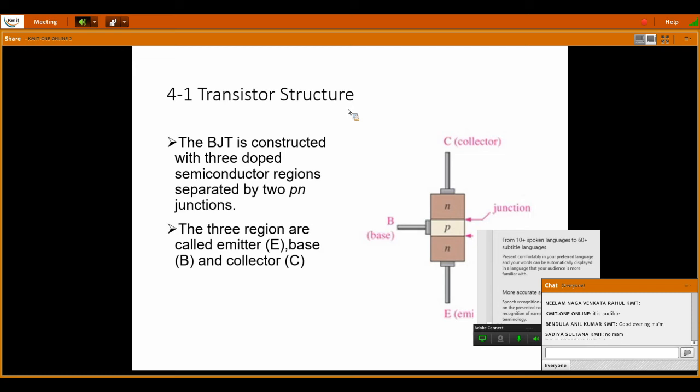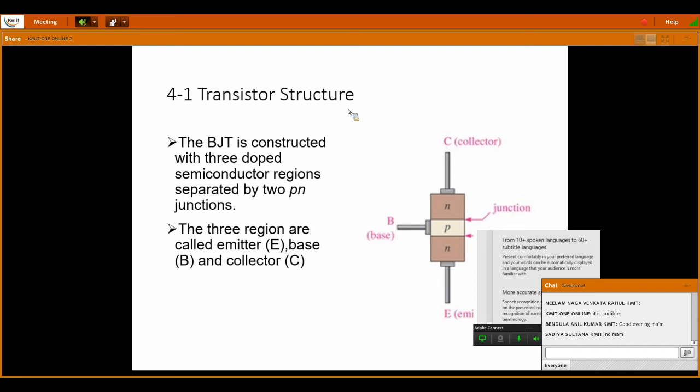The emitter region must be doped heavily, the base region doped lightly, and the collector region doped moderately. As we need to transfer charge carriers from emitter to collector terminal, our emitter region must be doped heavily.